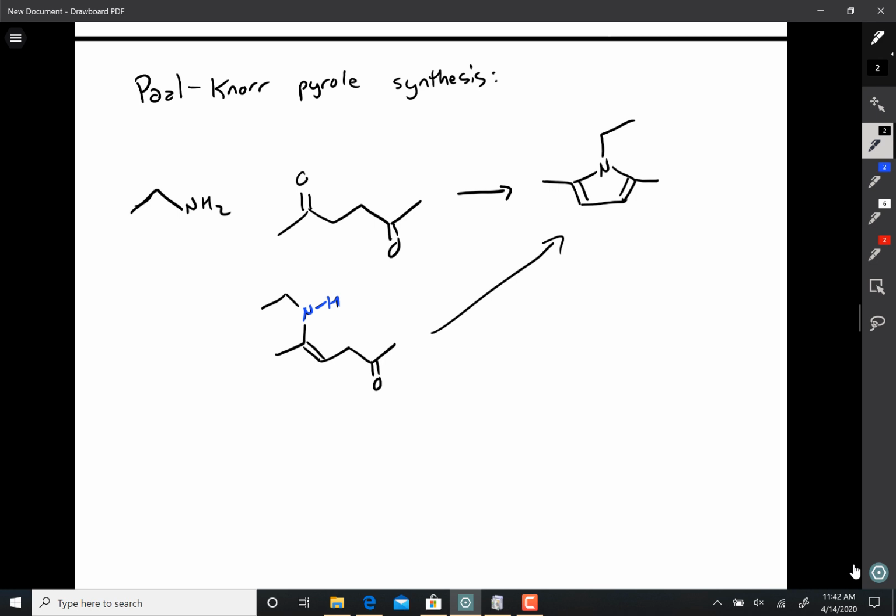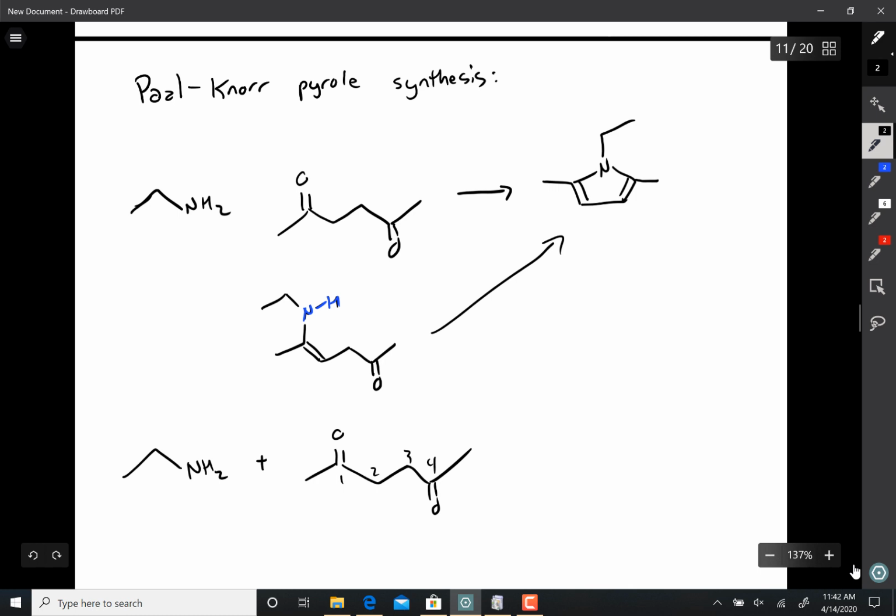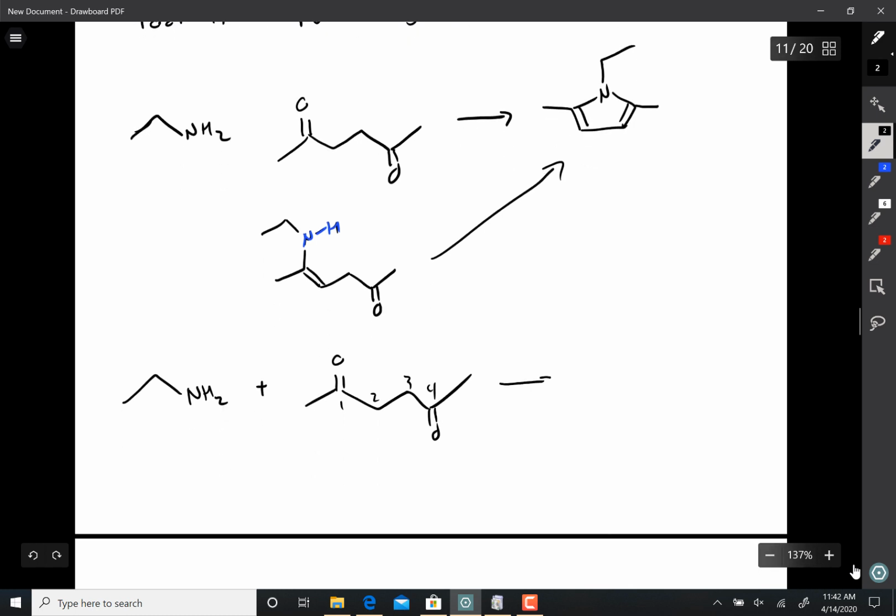It's just two enamine synthesis reactions. You might recognize that the 1,4-diketone used in the synthesis.